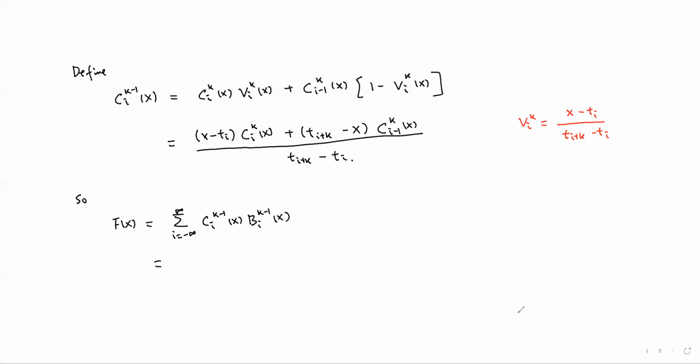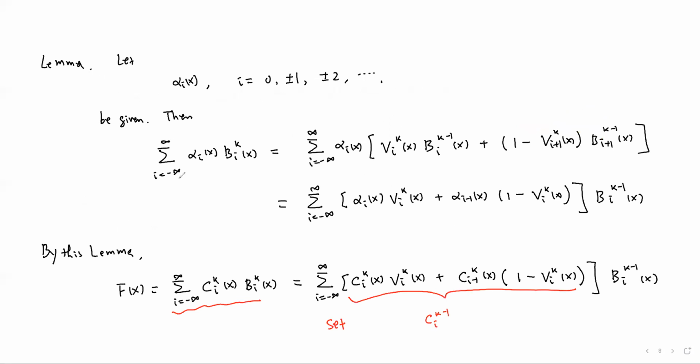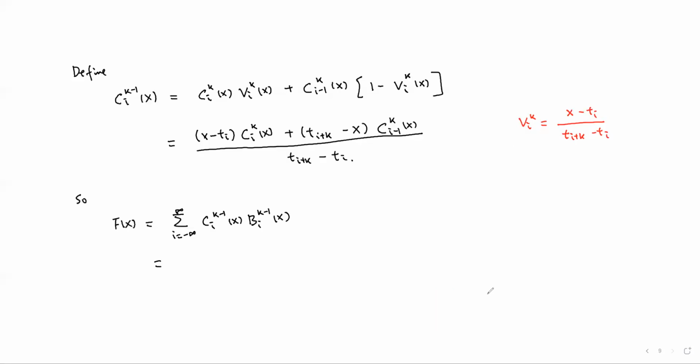Now I apply the lemma again. Then I can reduce B_{i,k-1} into k minus 2, with c_{i,k-2}(x). The definition is here: replace k by k minus 1, then here k minus 2, and then this is B_{i,k-2}. And so on. Continue the reduction process.